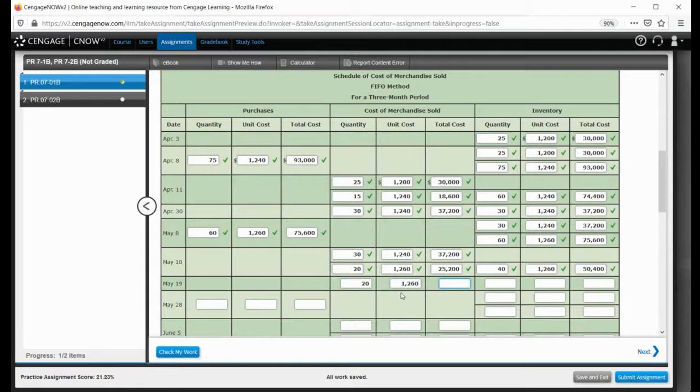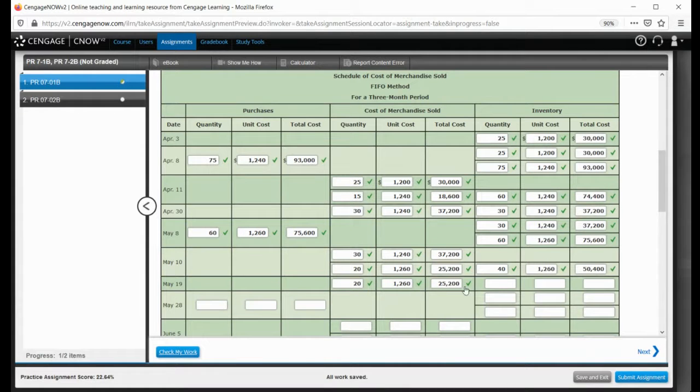And then you're going to multiply 20 times $12.60, and that will give you the cost of the merchandise sold for this transaction. So in the second journal entry for this sale, we would debit the cost of merchandise sold and credit our merchandise inventory for the cost, which in this case is 25,200.